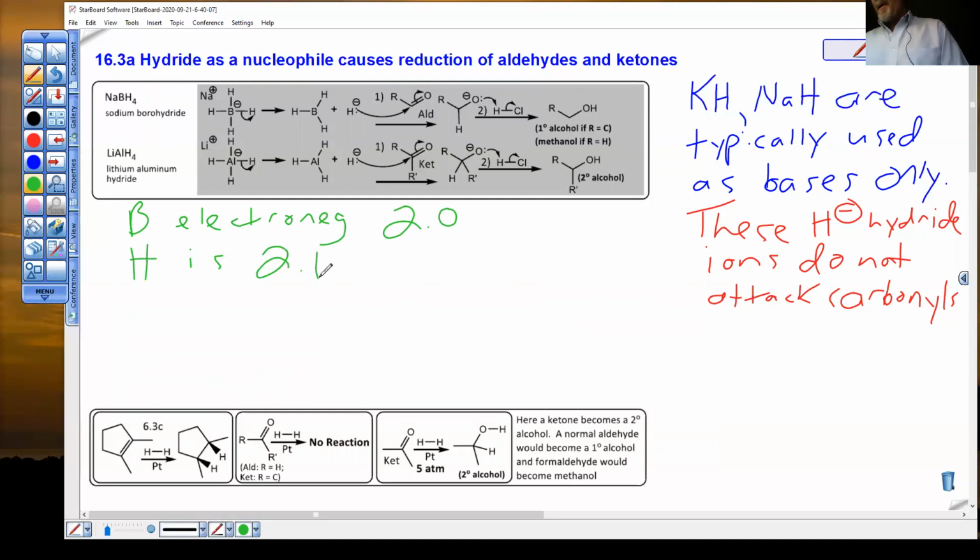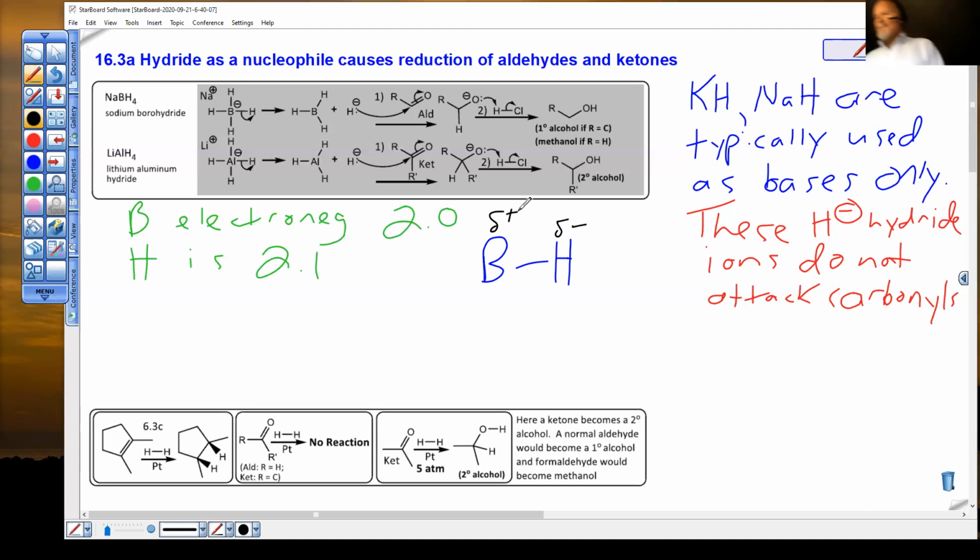So if we're looking at a boron hydrogen bond, it's not as profoundly ionic as if hydrogen was attached to a metal.